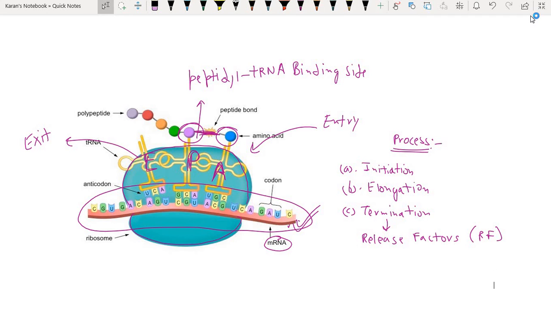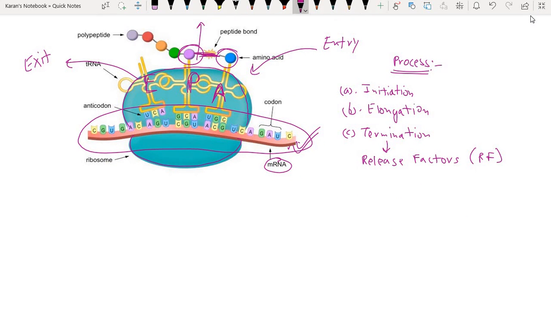Now let me draw this. You can see these are the anticodons. They are complementary to the codons on the mRNA, right? So suppose I'm making a sequence here: AUG, AUC, UCG, and let it be UAA, right.